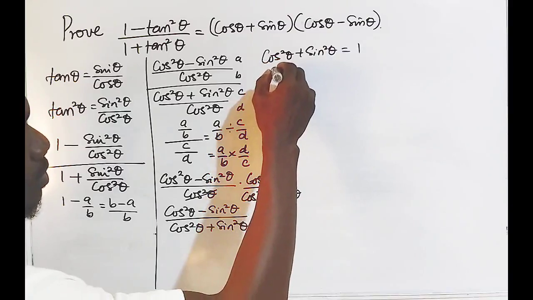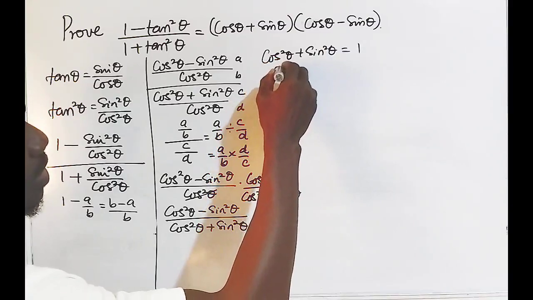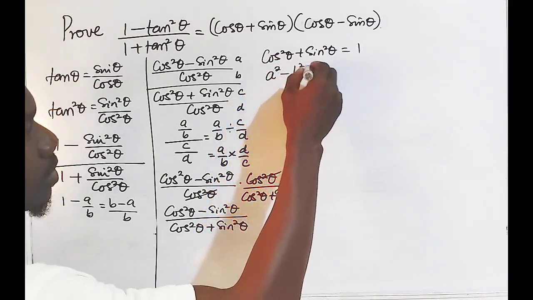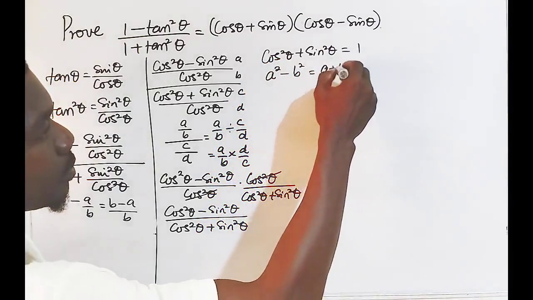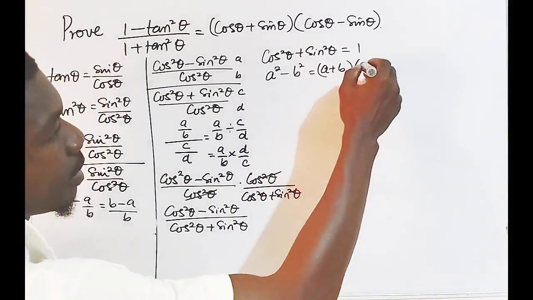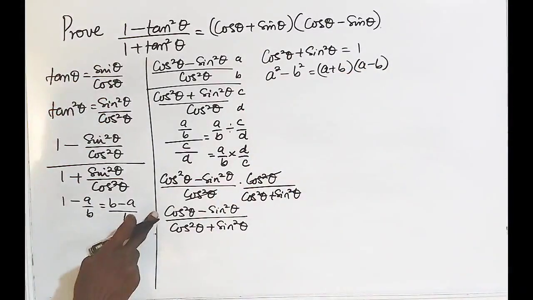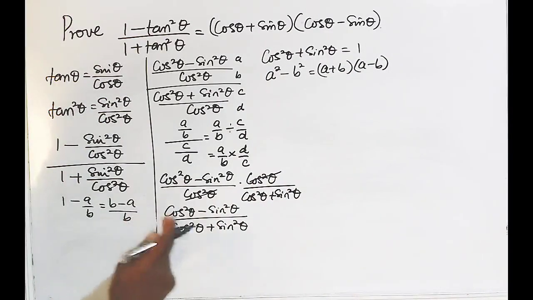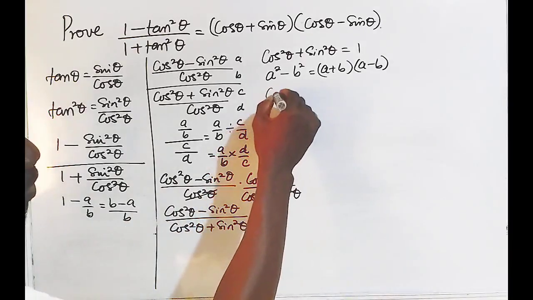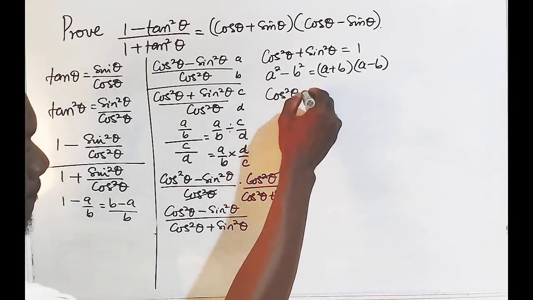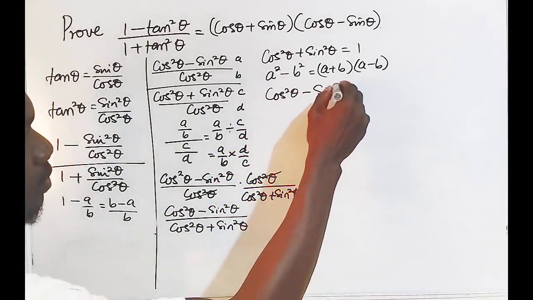Also recall that from algebraic expression, the difference of two squares gives us (a plus b)(a minus b). If this is true, we can employ it here, where a² is cos²θ and b² is sin²θ.